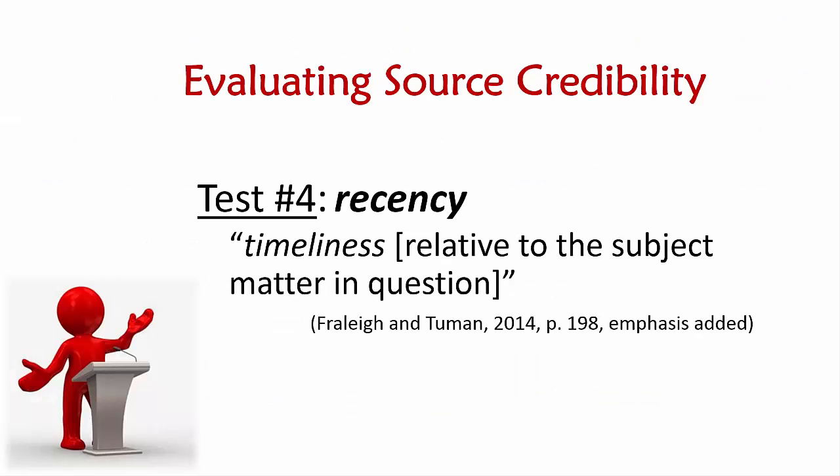On the other hand, you want to be sure that whether it's a printed source or an internet source, it's going to be recent enough to not be outdated by some more recent source that would potentially change the way things are perceived.